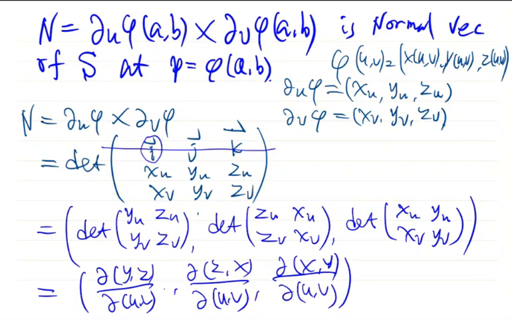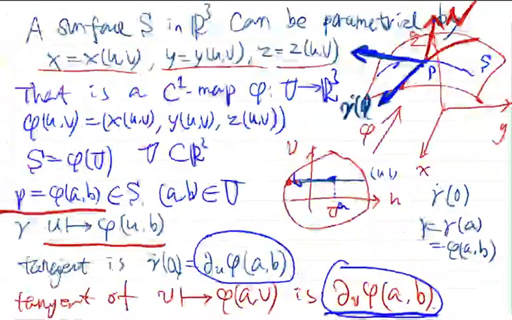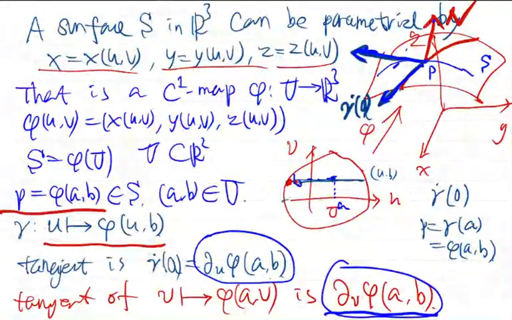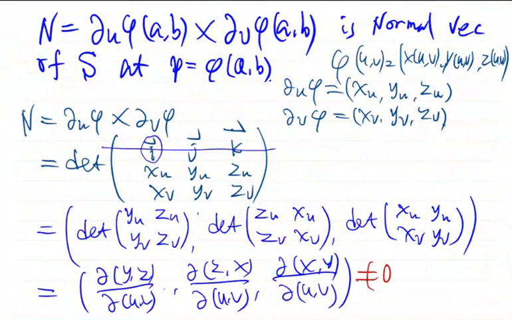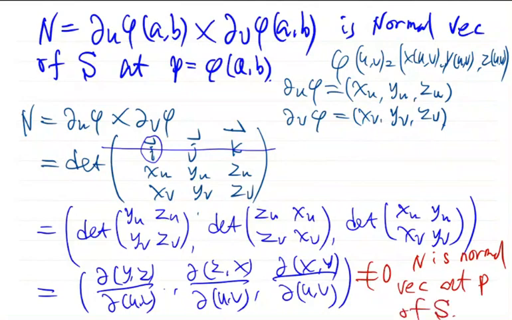So this is the cross product or vector product of these two tangent vectors of curves on the surface passing through the point P. If this capital N, the cross product, is not zero, then N is a normal vector at the point P of S. But if this is zero, we have nothing to say.